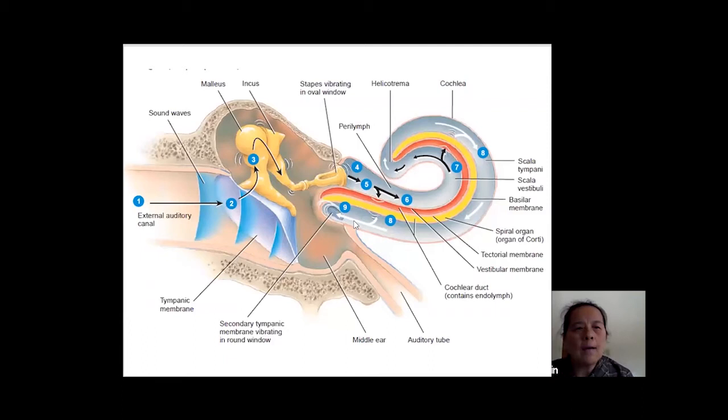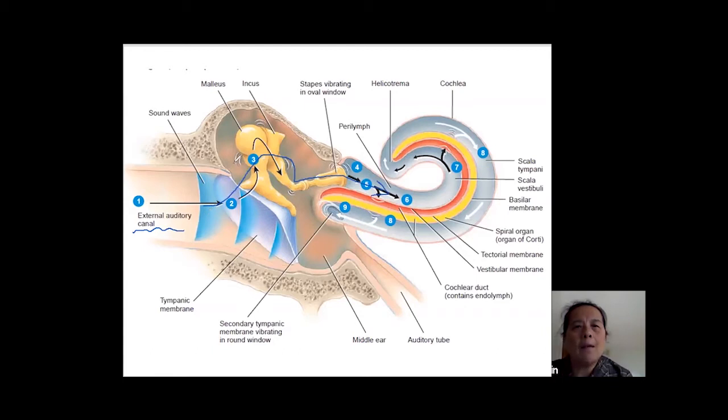But the sound is transmitted from the outer ear through the canal, then through the middle ear, then goes to the inner ear. Then we can hear it.